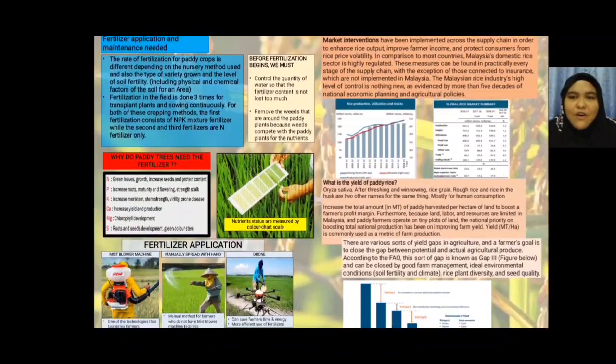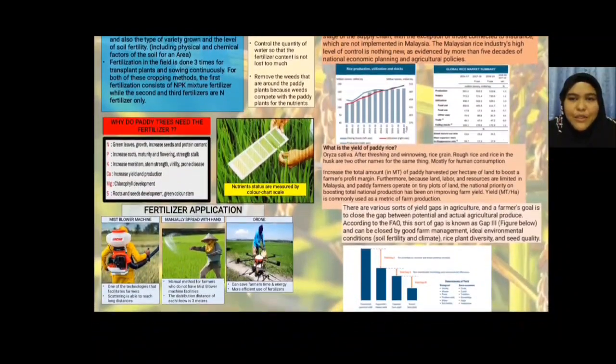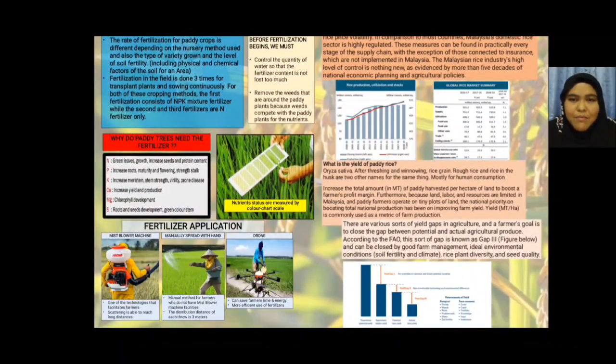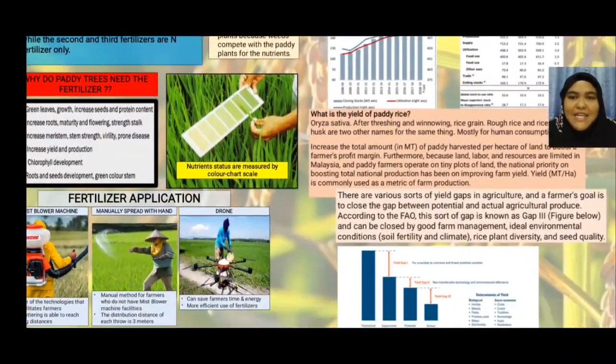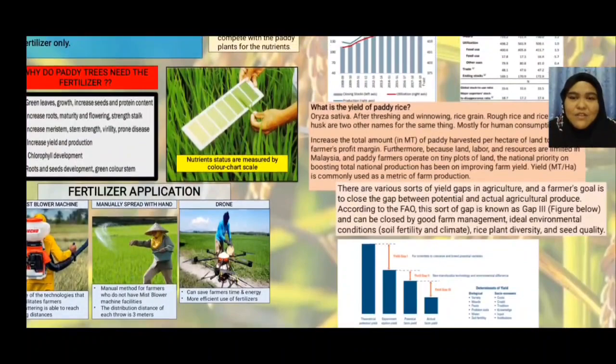The determinants of yield to be considered are, for biological: varieties, weeds, pests, problem soil, water, and soil fertility; and for social economy: cost, credit, tradition, knowledge, and input, and also institution.